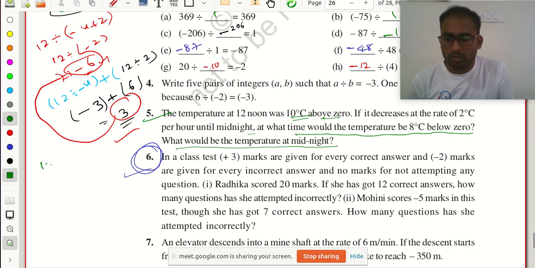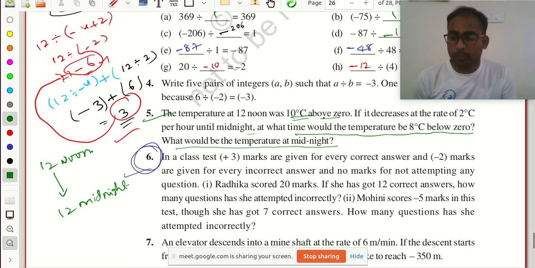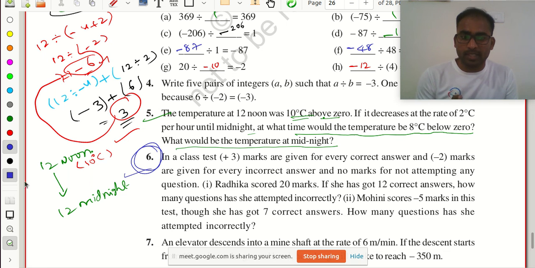So here 12 noon to 12 midnight, per each hour the temperature decreases by 2 degrees centigrade.